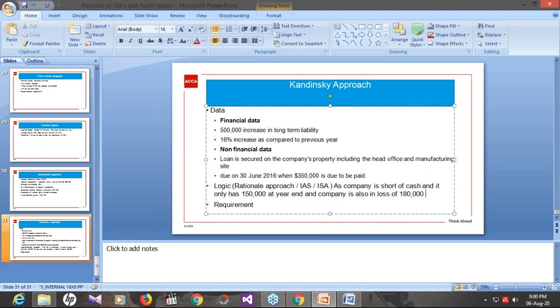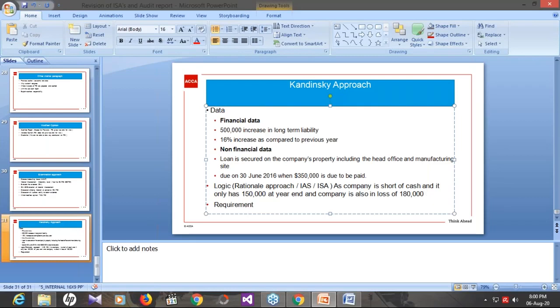So it will be very difficult for the company to survive in coming conditions. As the company doesn't have sufficient cash, even the company will not be able to pay the fixed interest.